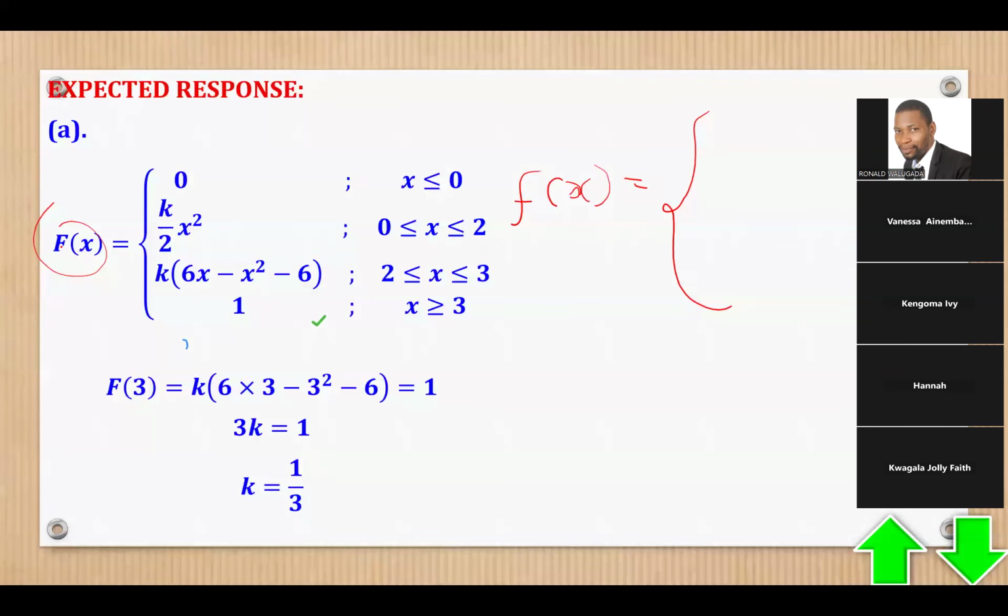Anyone to tell us what to write? We want to get small fx from capital Fx. What should we do? Shall we differentiate? So give me what to write after differentiating. Remember, this was 1 over 6x squared, and this was 1 over 3 in brackets.